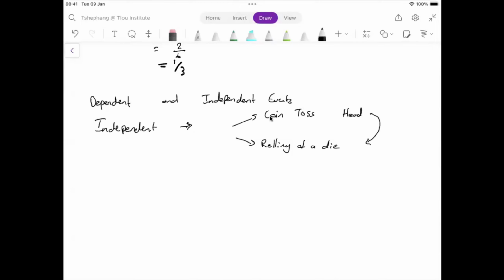Okay. Now, obviously for dependent, it means that what? It means that one outcome affects the other. I don't know if we're all together there.